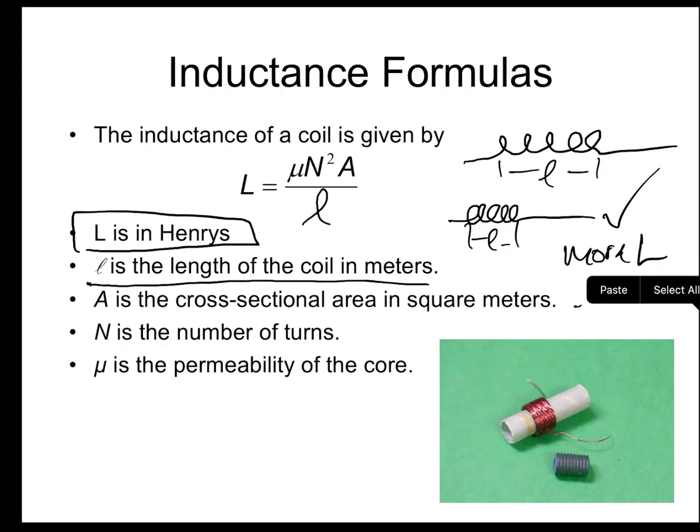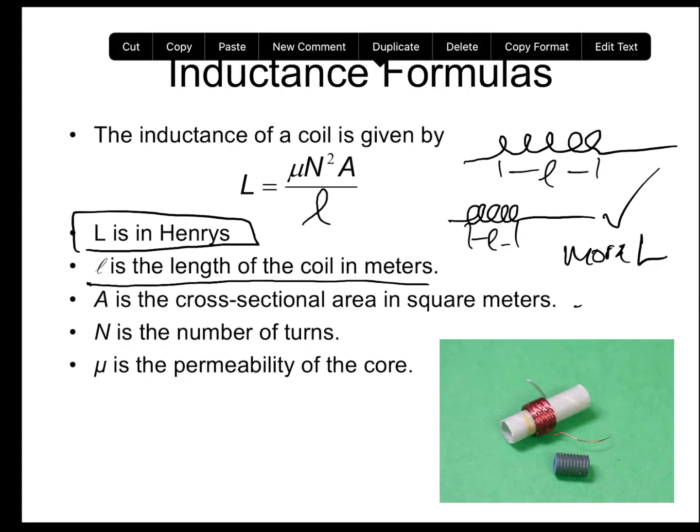Sorry, I'm not great with this pen here, but it's going to have more L value, okay? And so this is an inverse relationship with length. So the larger the length, the smaller the L value. The smaller the length, the larger the L value.